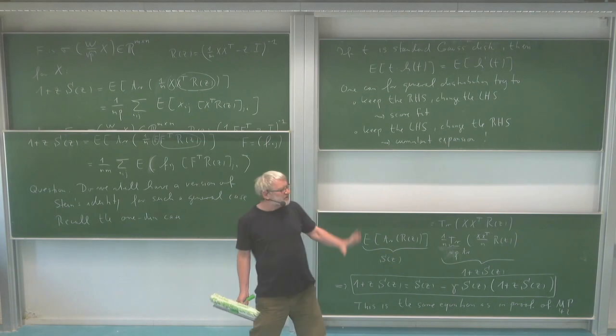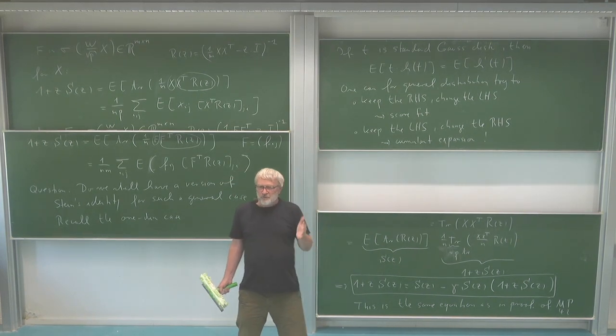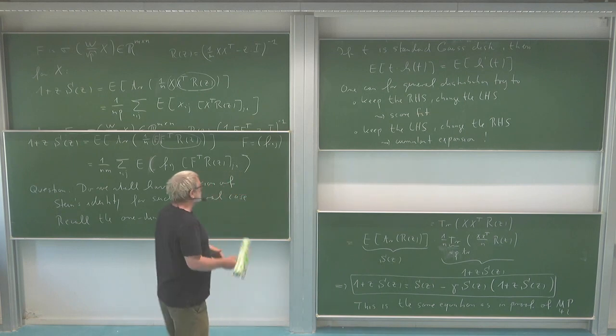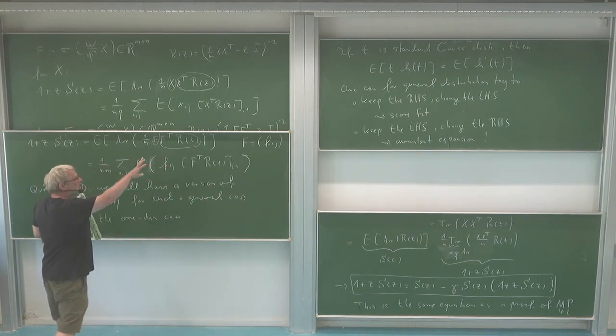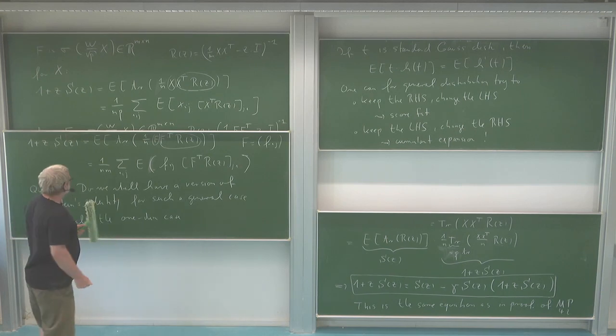So in principle, if I know what happens here for exponential functions, then essentially I understand it for all of them. So that's what I want to do. I want to see whether I can get this formula if I choose exponential functions for the h's.